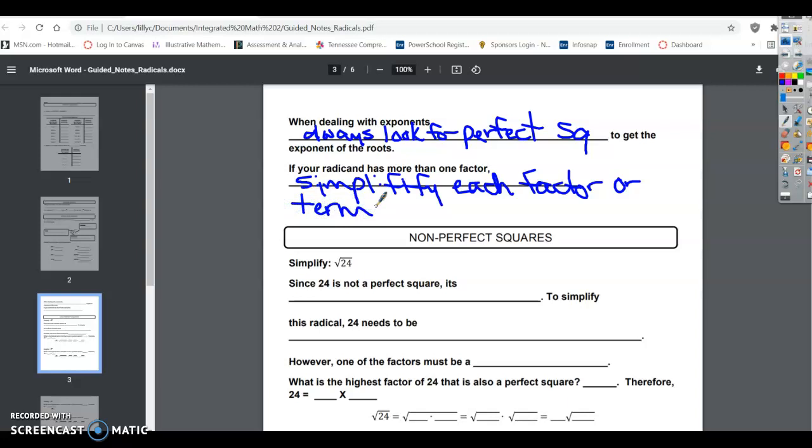All right, so you're going to simplify each factor or term. That means if you're looking for perfect squares, look for a perfect square in each part of the radical, not just the number. You're always going to look at both the numbers and the variables.